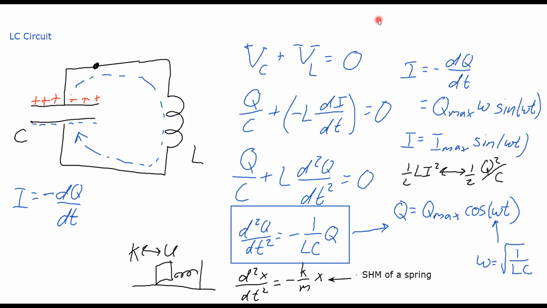Okay, so let me do one more circuit here, and that is the LR circuit. Okay, LR circuit. So the LR circuit, let me do a quick setup here. So it looks something like this.